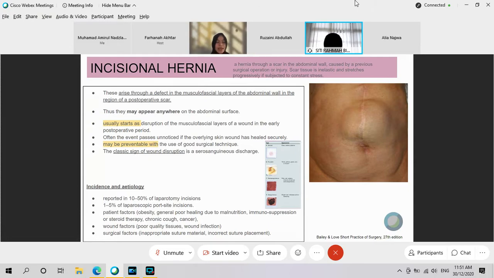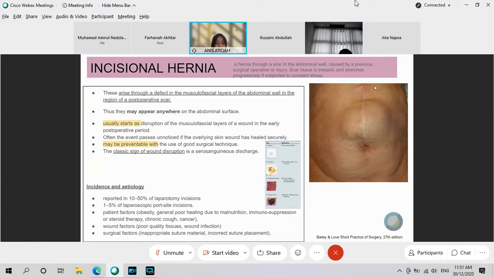Continue. Okay, incisional hernia has been reported in 10 to 50% of laparotomy incisions and 1 to 5% of laparoscopic incisions. From here, we can see why laparotomy is higher than laparoscopy.